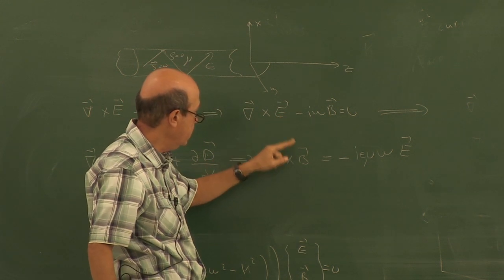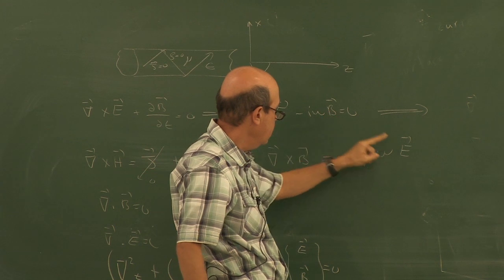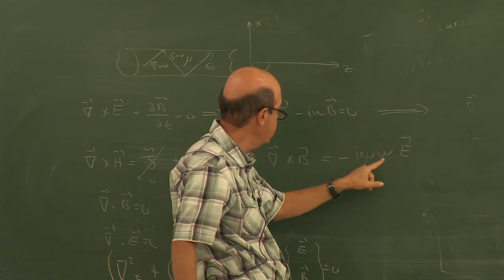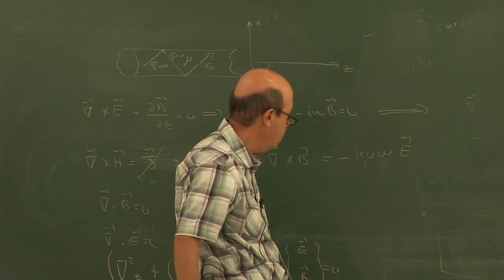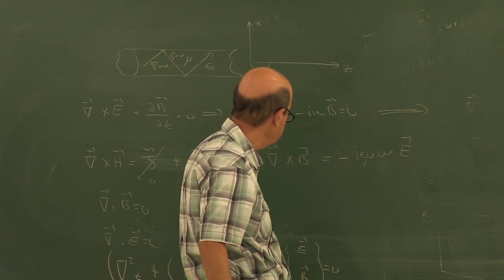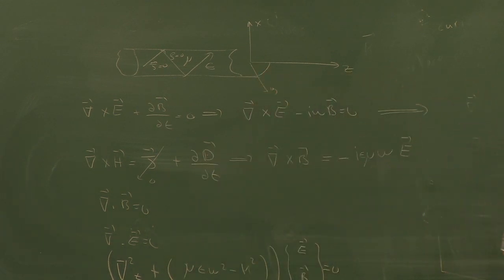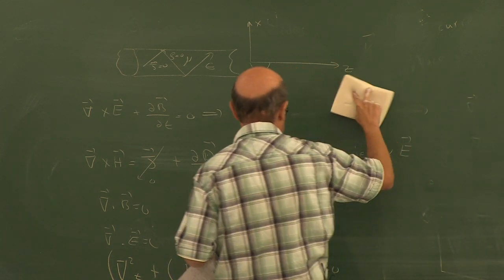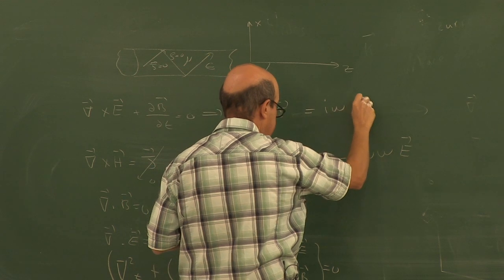Instead of E, that goes to B. And here, E and B are replaced, but the coefficient is replaced by a factor of what? I mu. So if I do the same thing for the other one, what should I write? So let me write this as I omega B.